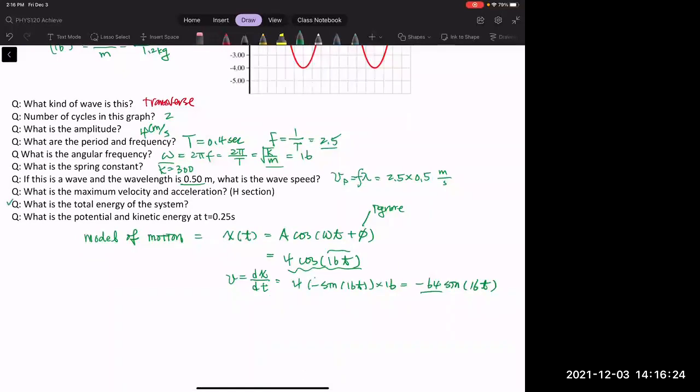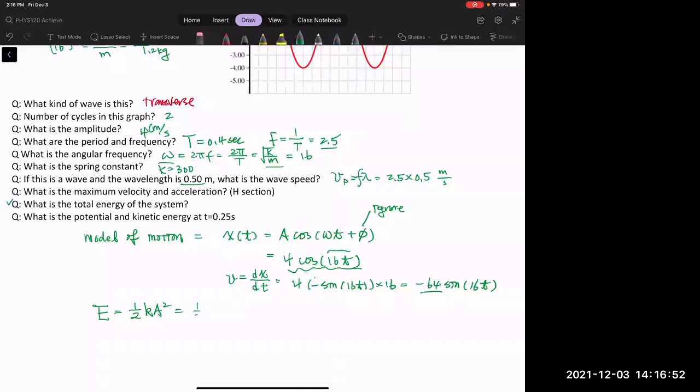Now I'm looking at the energy one. What is the total energy of the system? If you remember last week, we talked about the total energy of this kind of system. The total energy, we use E to represent it. The total energy is 1/2 K A squared. K is the spring constant. A is the amplitude of this motion.